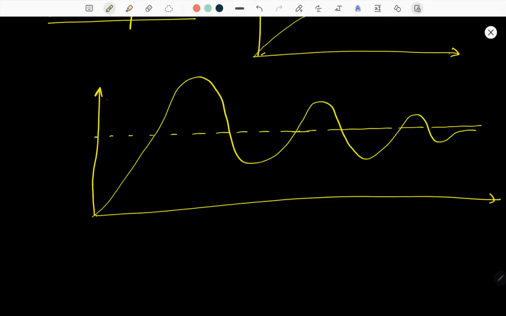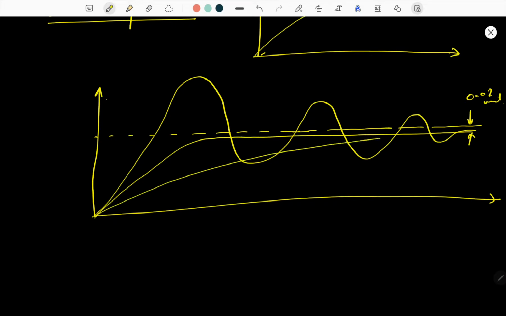After the oscillations we are going to have 0.02 unit. This becomes a steady state condition over here. Okay, so at zeta equal to 1, we have the critically damped condition, so it gets like this. And the last condition, when zeta is greater than 1, it is simply called the overdamped condition. We have got the response like this.